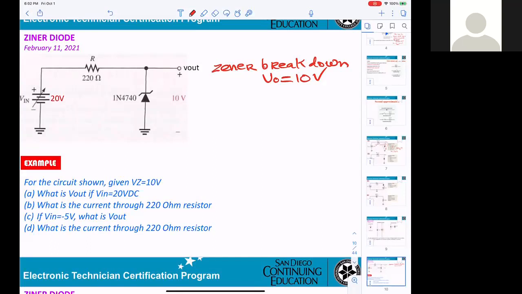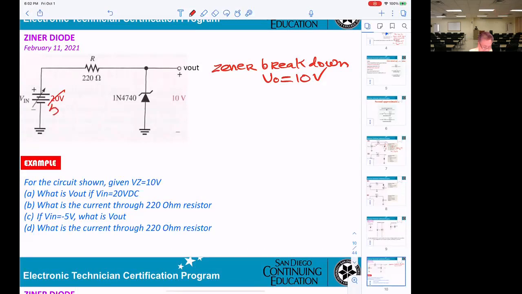Now, I change the input from 20 volt to 5 volt. The question is, what is V out if V in is 5 volt?